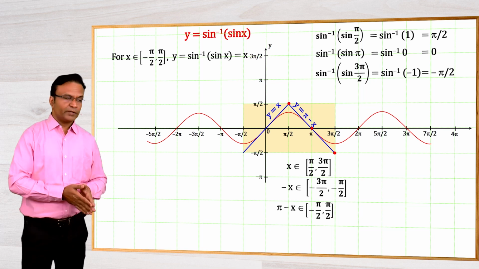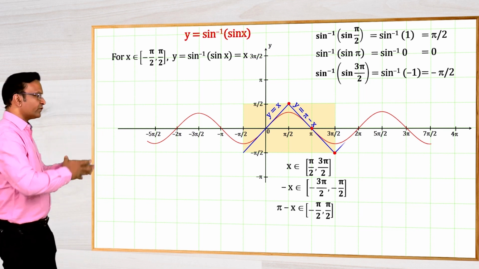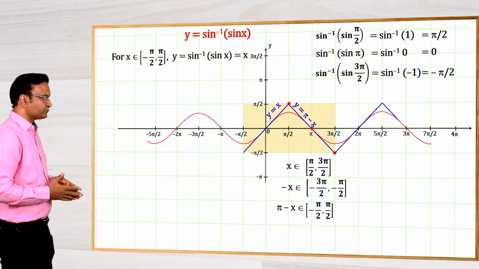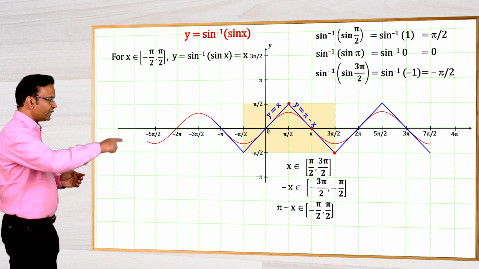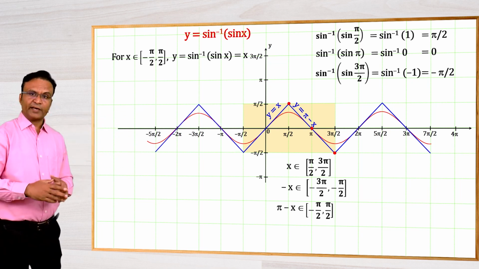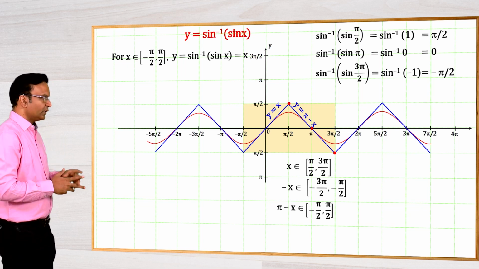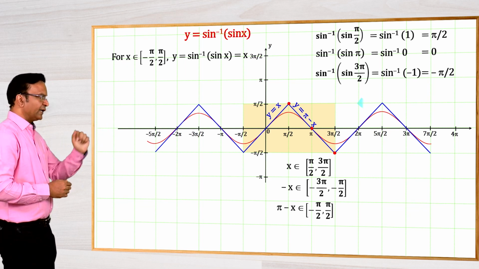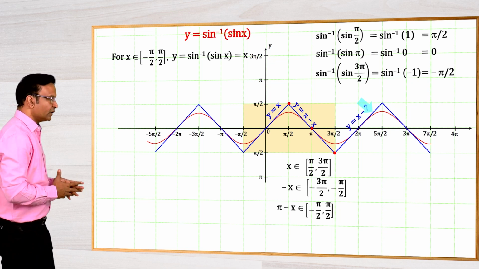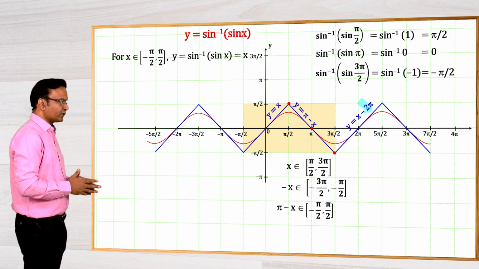So how will be the repetition? The repetition will be like this. The graph will move forward by making triangles like this. Okay, this line represents function y is equal to x minus 2 pi.